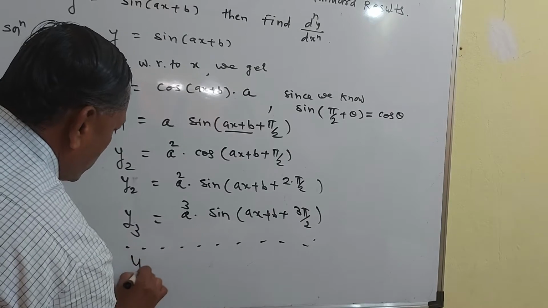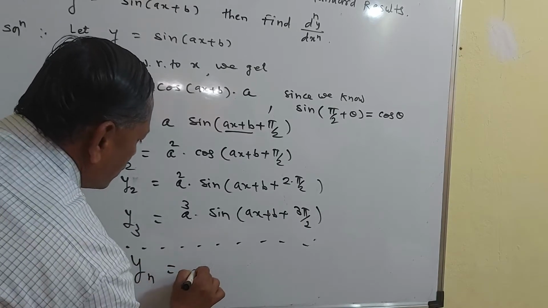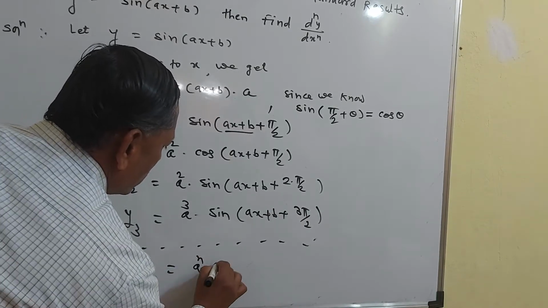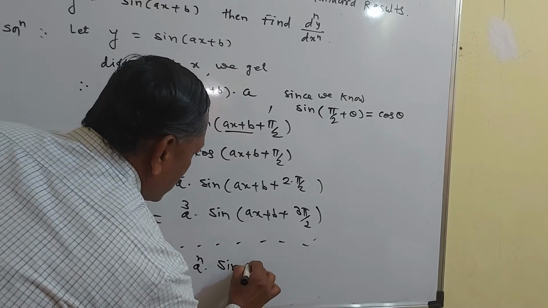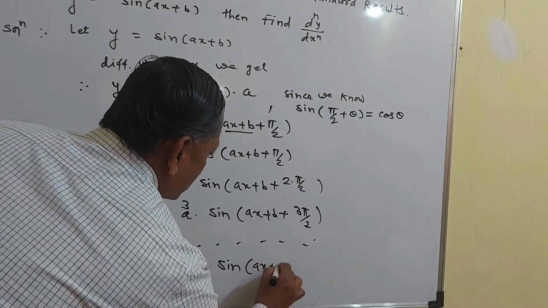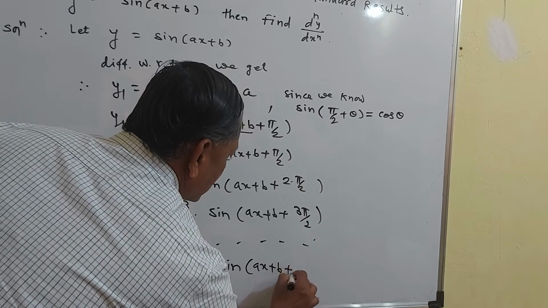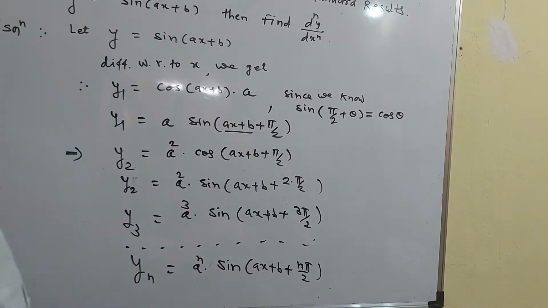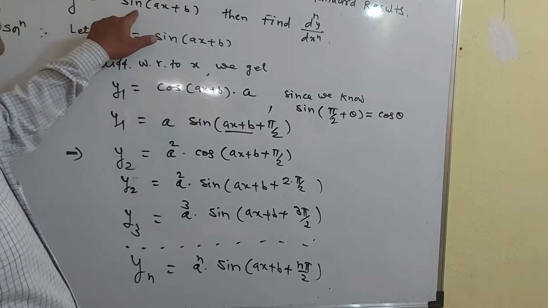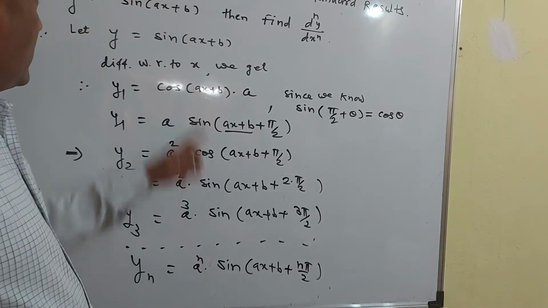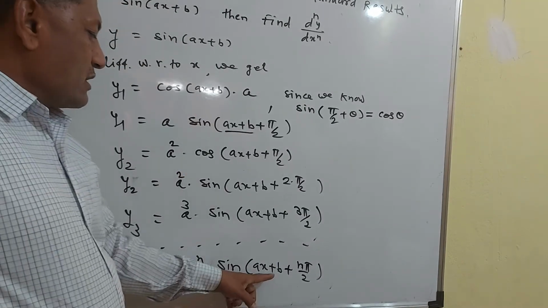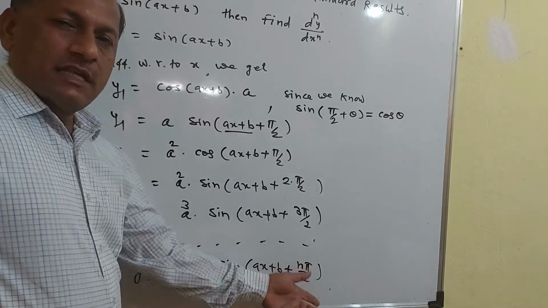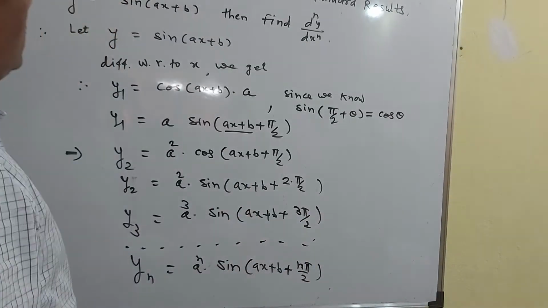Yn is equal to a raised to n into sine of (ax + b + n pi by 2). So here the nth derivative of sine of (ax + b) is a raised to n into sine of (ax + b + n pi by 2).